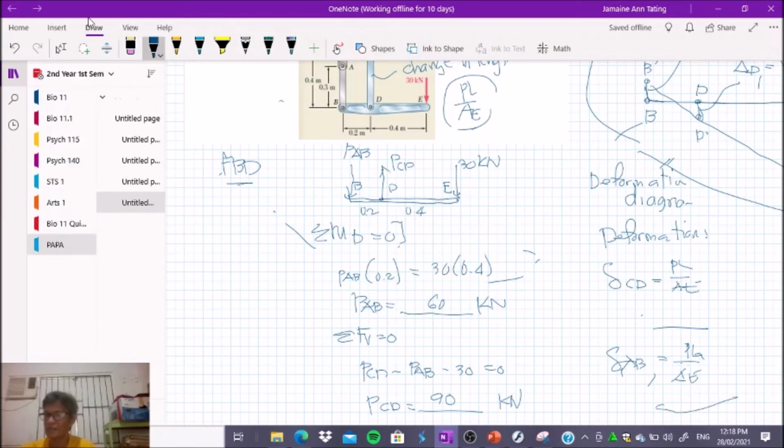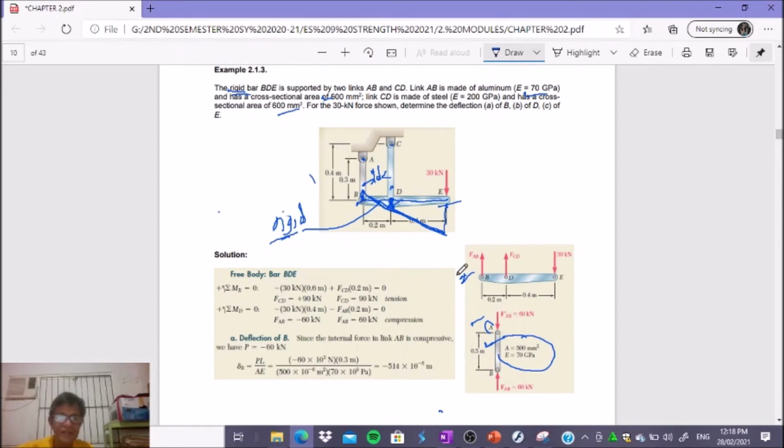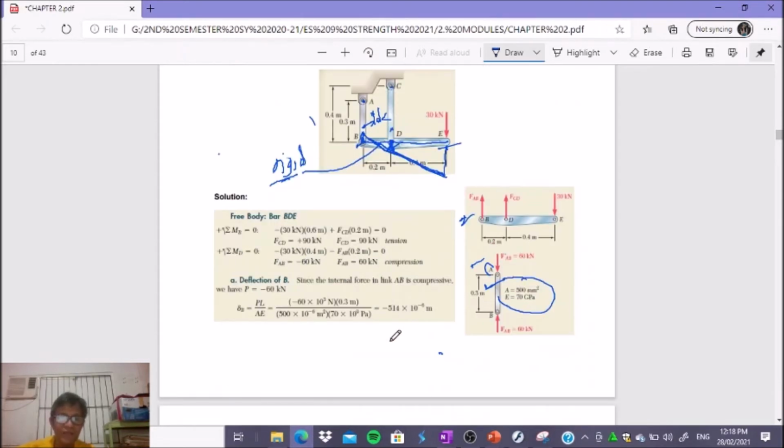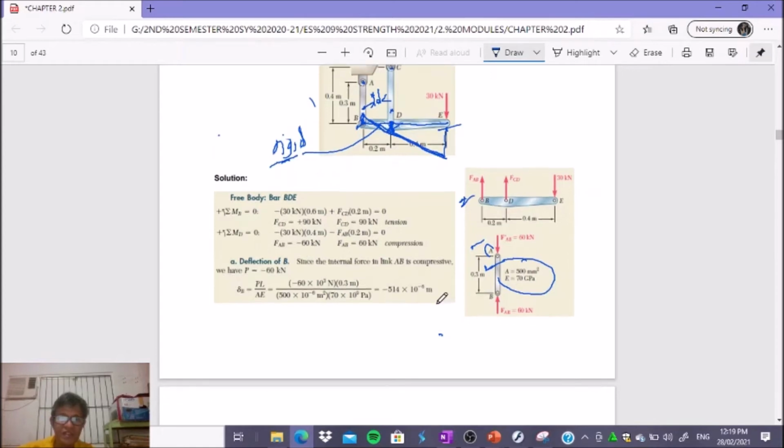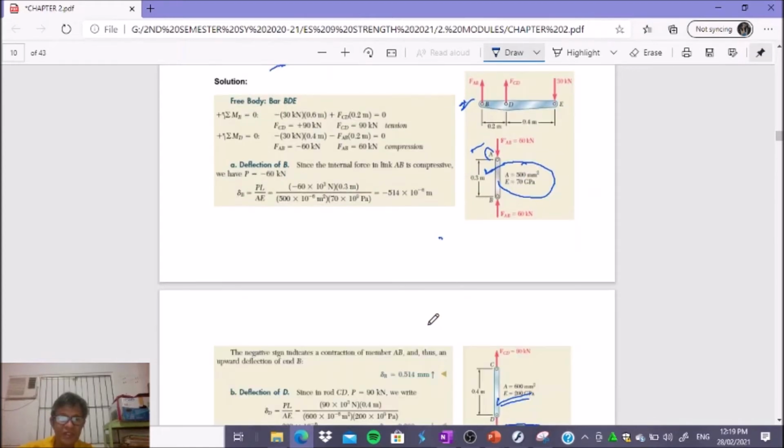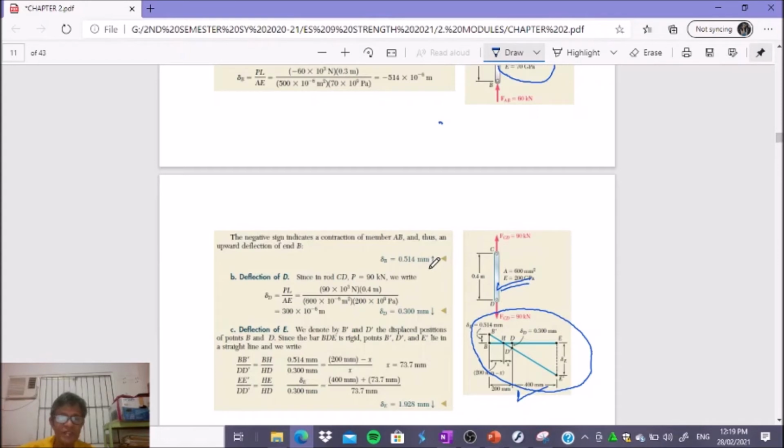So looking at our solution, so we have delta B, negative ang nakalagay na value because of compression. So that is actually 0.10 meters. So just convert that to millimeters, that is equal to 0.514 millimeters.